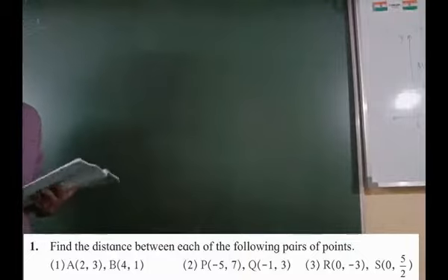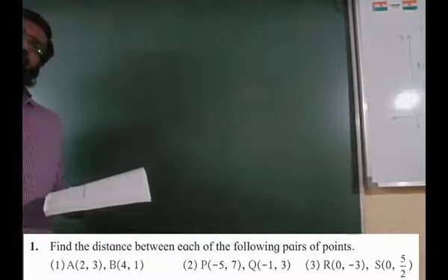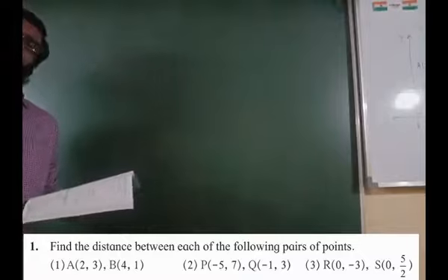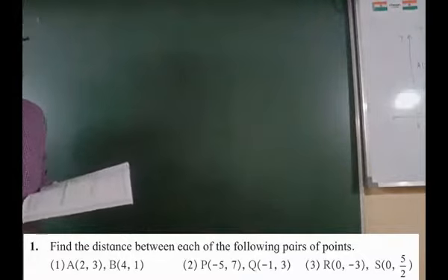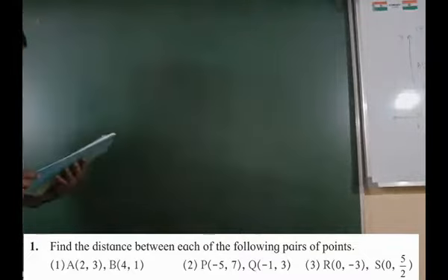I will solve a couple of questions. I am very sure that the remaining you can solve with confidence. Don't worry, I will solve it properly and you try the remaining ones. Let me take 1 or 2 from this.